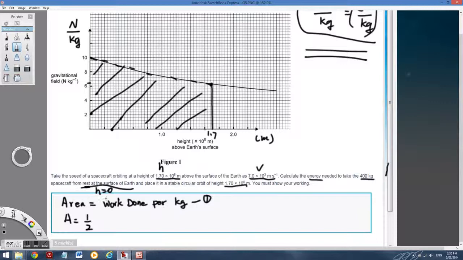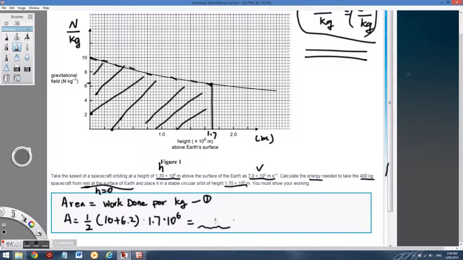So half, 10 plus 6.2, times the height, so times 1.7 times 10 power of 6. Then you put it in the calculator.